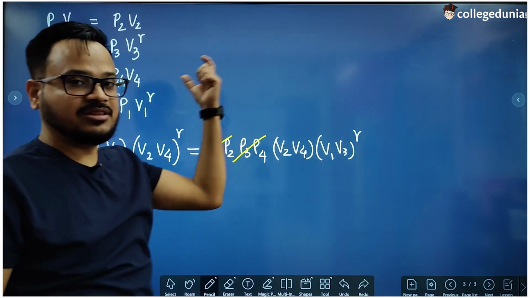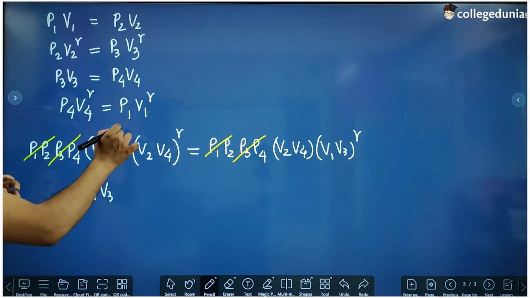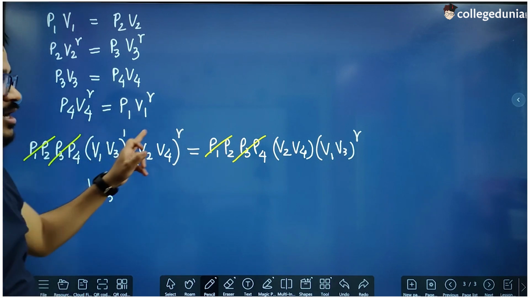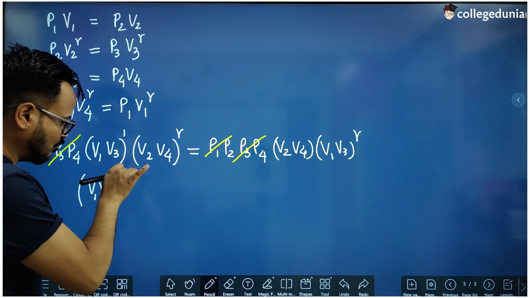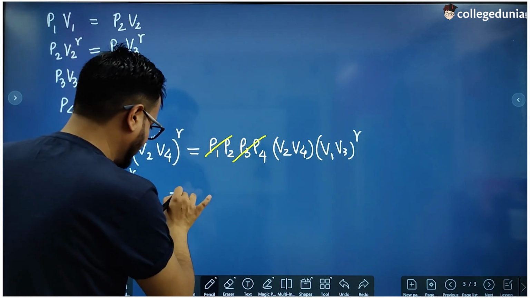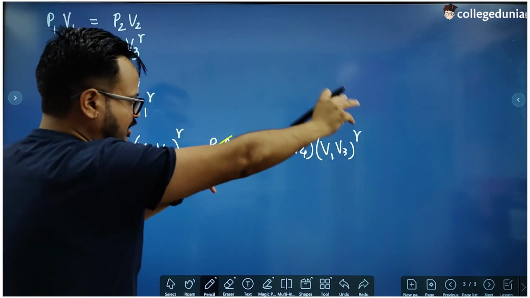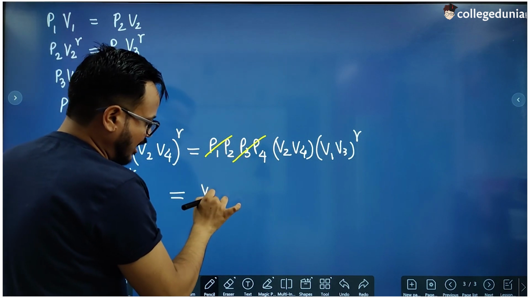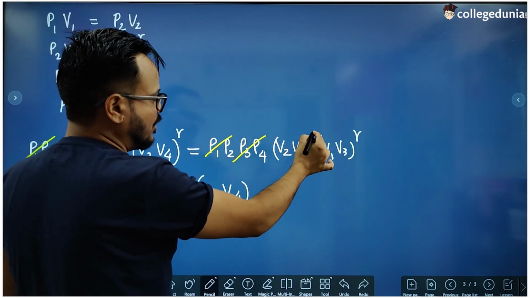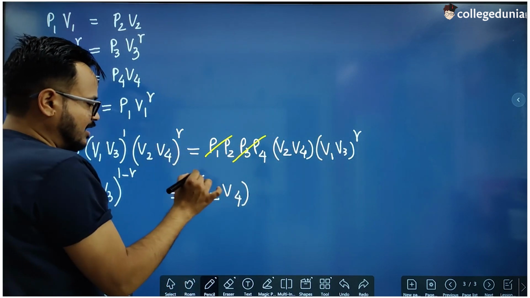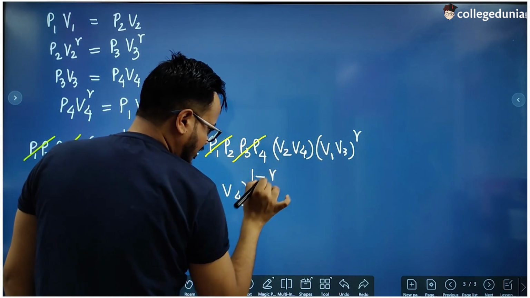on this side, then the base is the same, the power of V1 V3 is 1 here and gamma here, so it becomes V1 V3 raised to power 1 minus gamma equal to, now take this on the right hand side, and it becomes V2 V4, power of V2 V4 is 1 and here it is gamma, so 1 minus gamma.